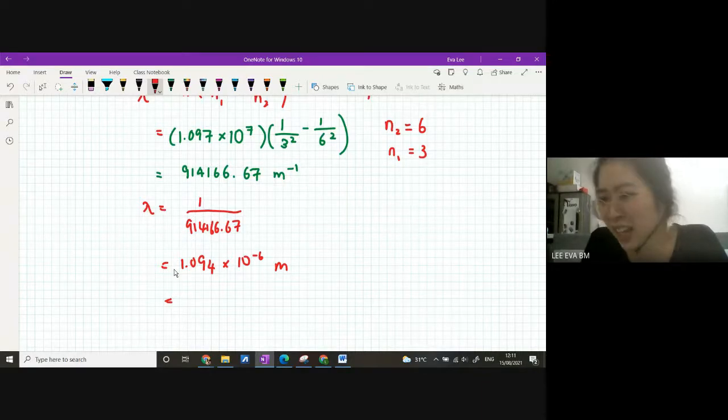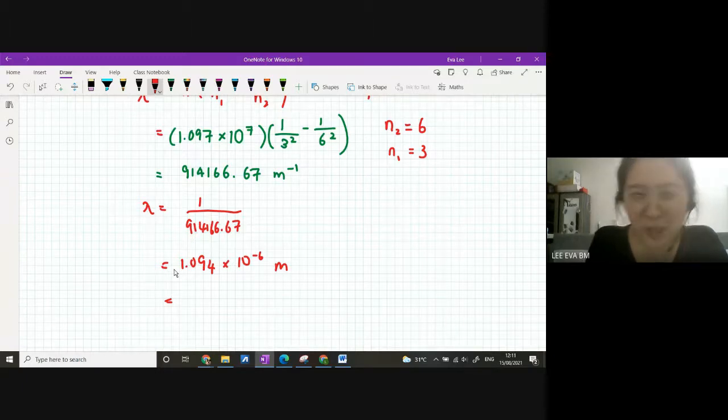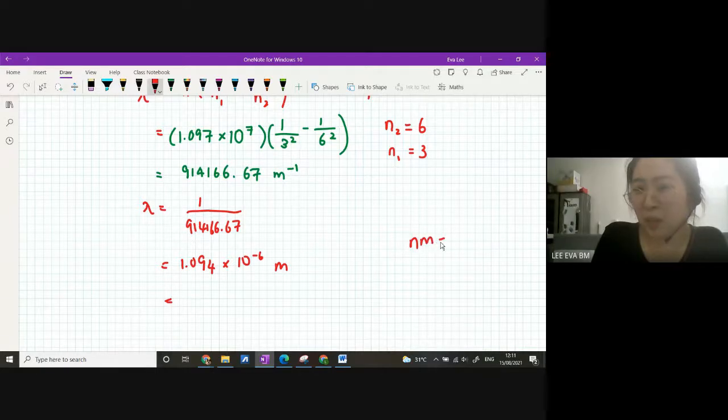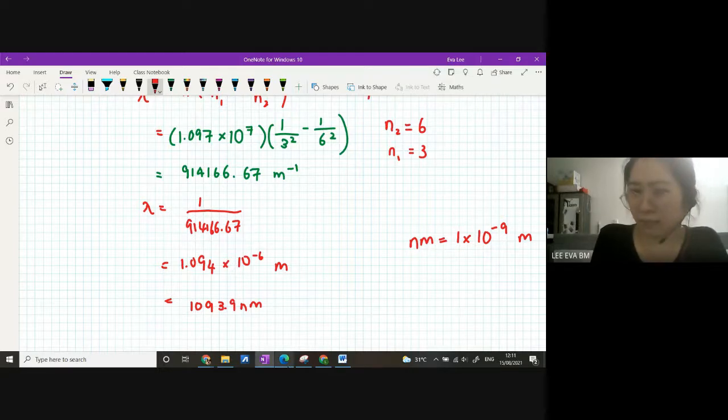Tera, giga, mega, kilo, hektar, deka semua ini ada pernah hafal kan? Yes. So kalau nanometer maksud dia adalah 1 darab 10 to the power of -9 meter. So we need to divide by 1 times 10 to the power of -9, which gives us the value 1093.9 nanometer. Do you agree with this?